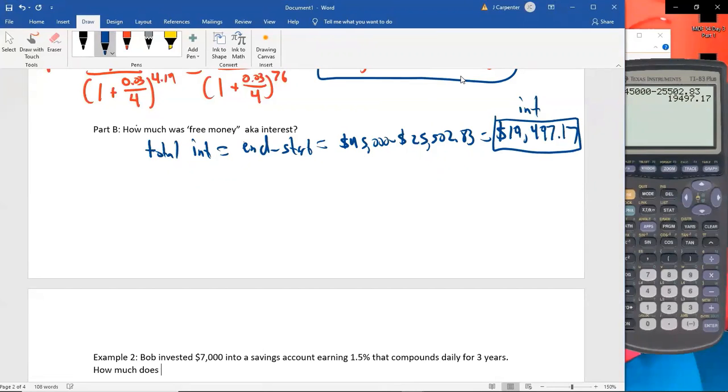How much does Bob have when he withdraws it? When he withdraws everything? How much interest did he earn over 3 years?